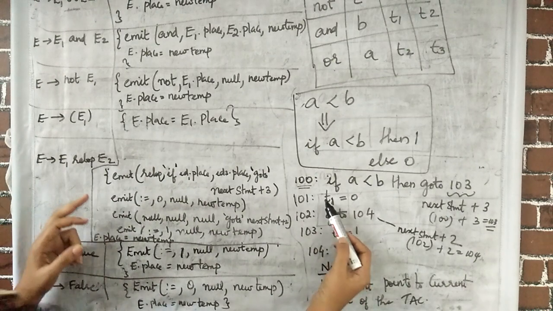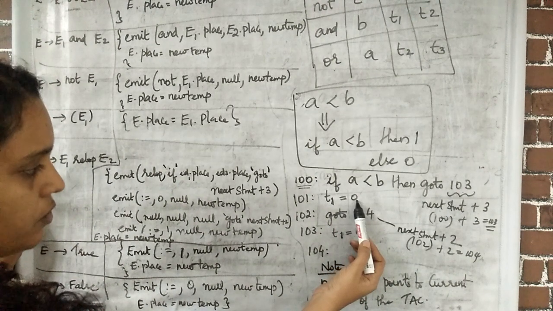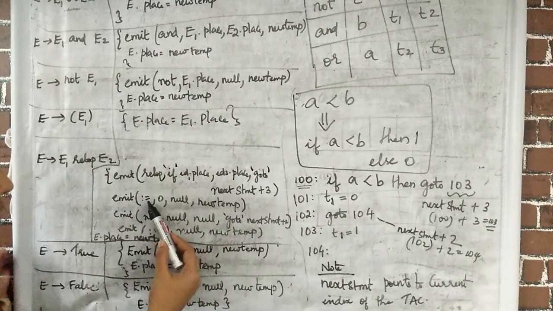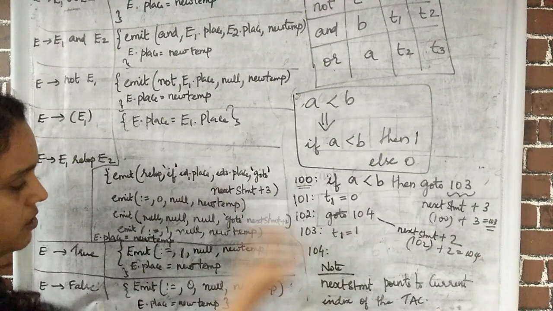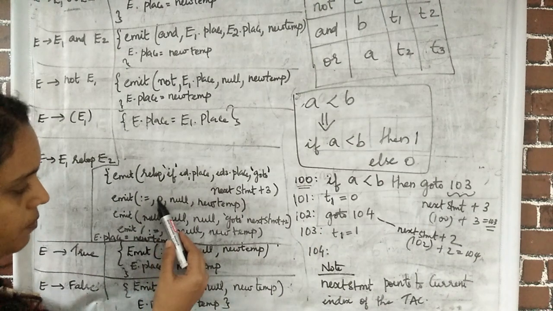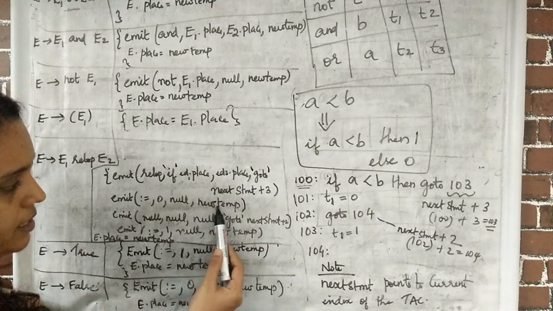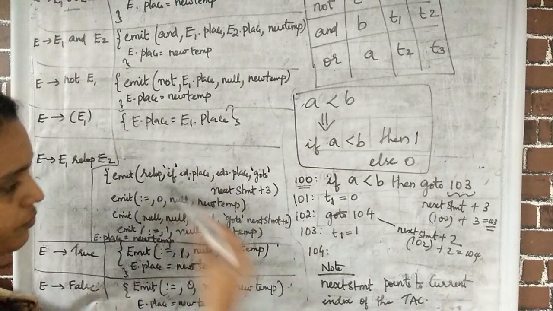Again, the second one is T1 equal to 0. So we have to emit the value 0 into a temporary variable. So emit assignment operator, 0. T1 has to be assigned with 0, right? You don't have any second operand. It has to be assigned to a temporary variable. Next comes goto 104.